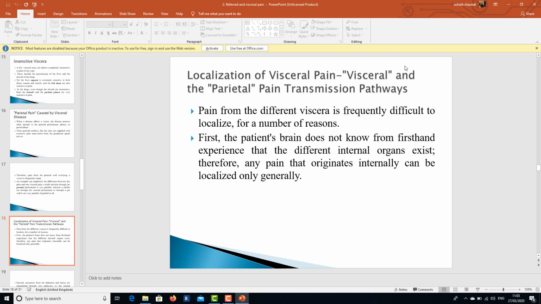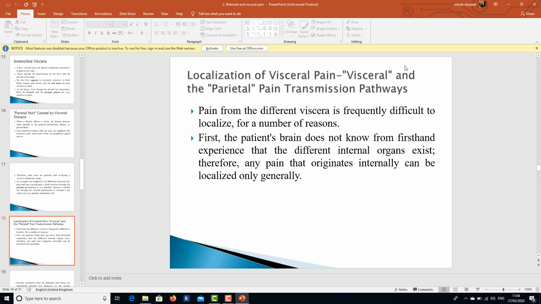So now let's talk about the localization of visceral pain, the visceral and parietal pain transmission pathways. Now, pain from different viscera is frequently difficult to localize for a number of reasons. For example, the patient's brain does not know from first-hand experience that the different internal organs exist, therefore any pain that originates internally can be localized only generally.